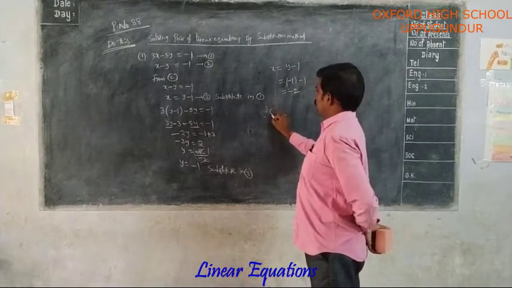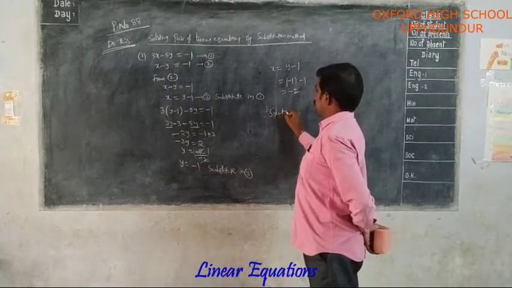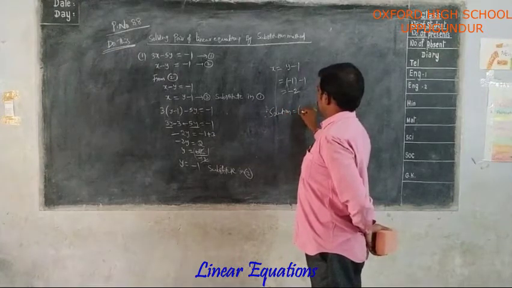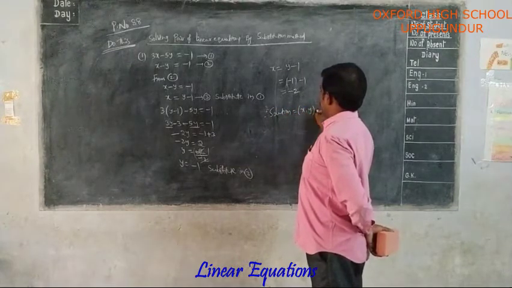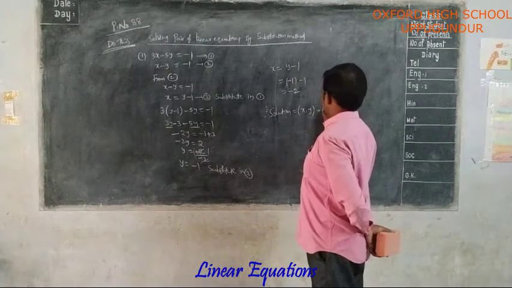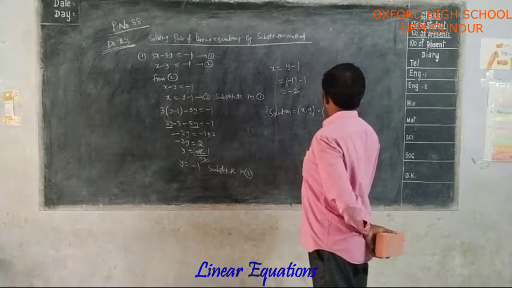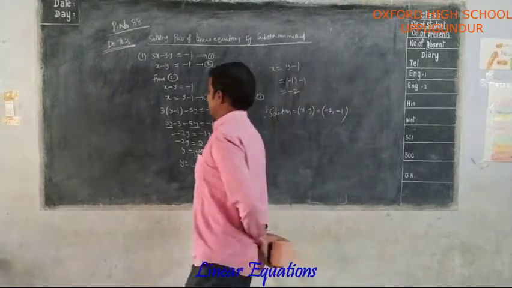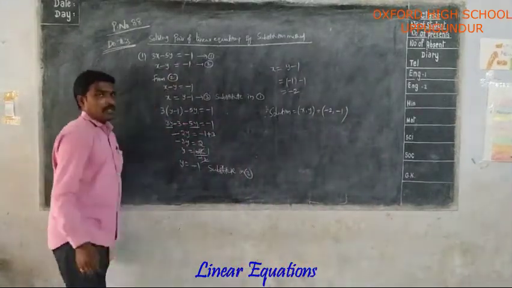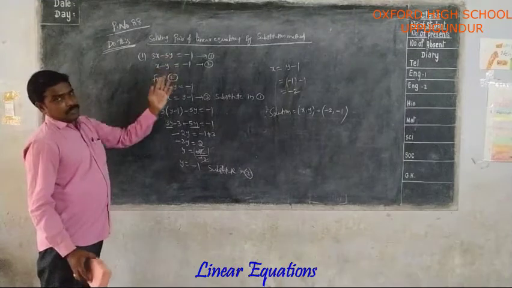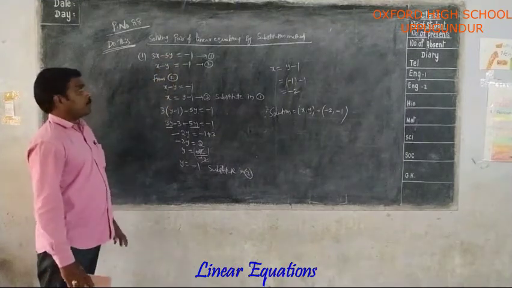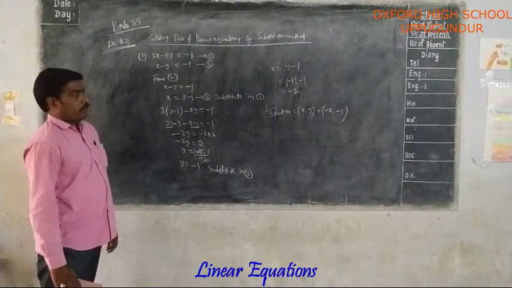Therefore, the solution x comma y is equal to x value is minus 2, y value is minus 1. So in this way we can solve this pair of linear equations by substitution method. So this is the first problem.